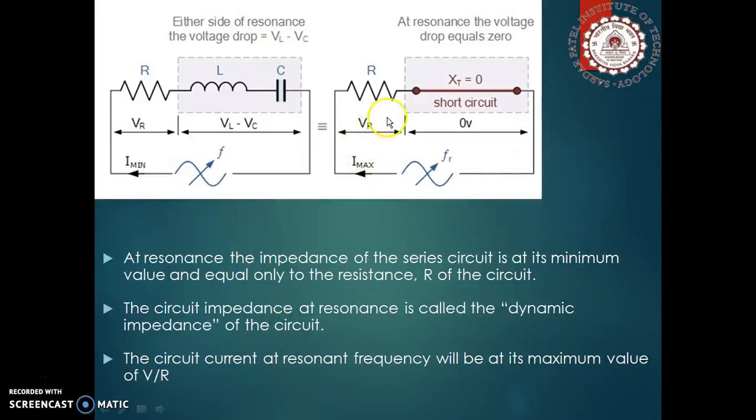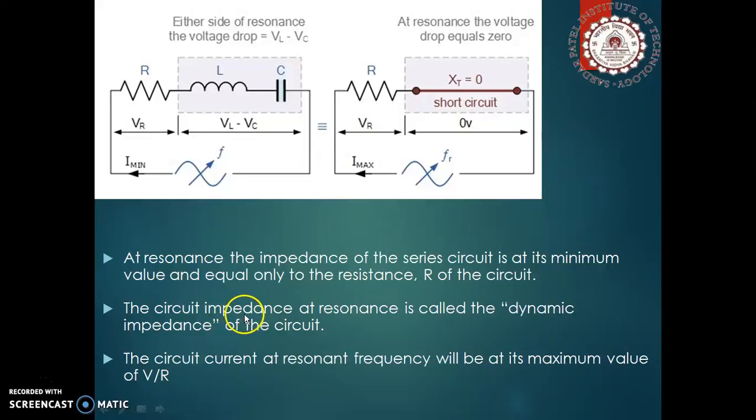Now we can see that at resonance the equivalent circuit comes out to be a short circuit, since XL minus XC becomes 0, and at resonance the impedance of the series circuit is at its minimum value and equal only to the resistance R of the circuit, because both the other components cancel out cumulatively.